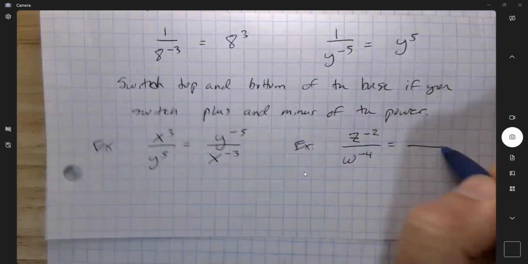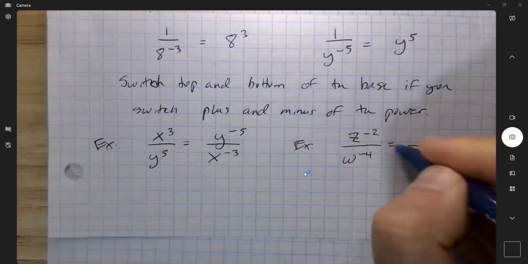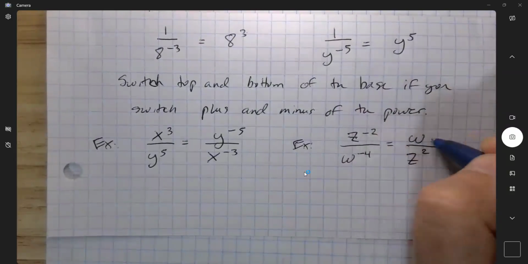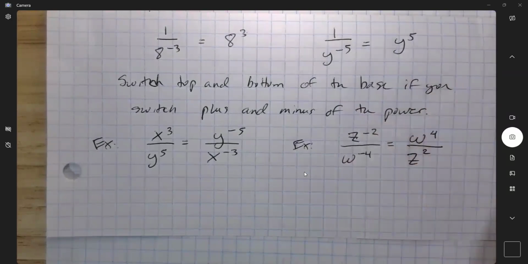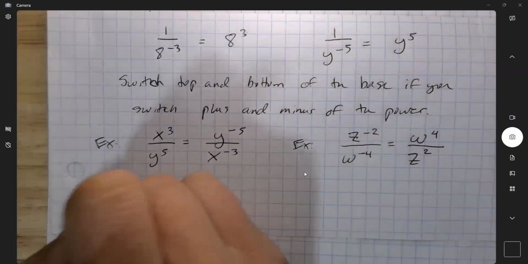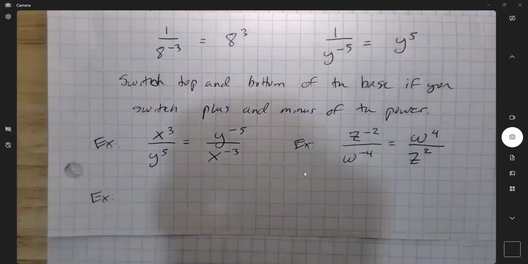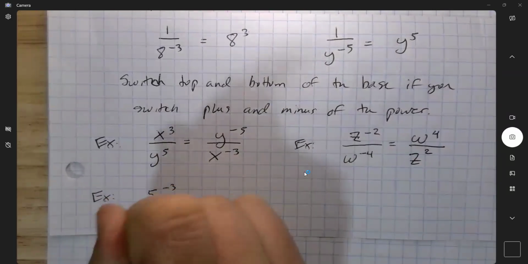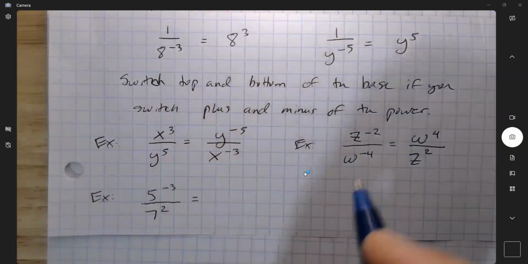I can make that z go into the denominator if I make the negative power a positive power. And I make the w go into the numerator if I make the negative power a positive power.